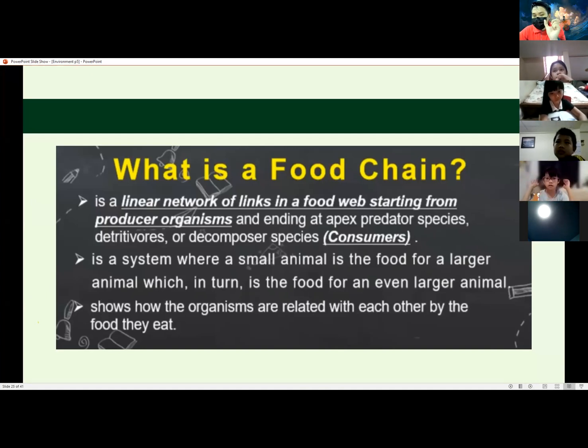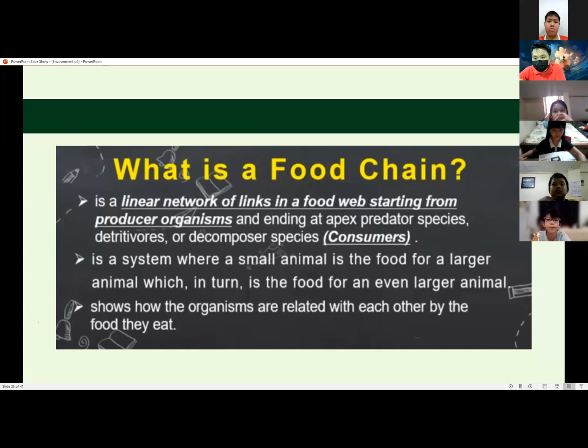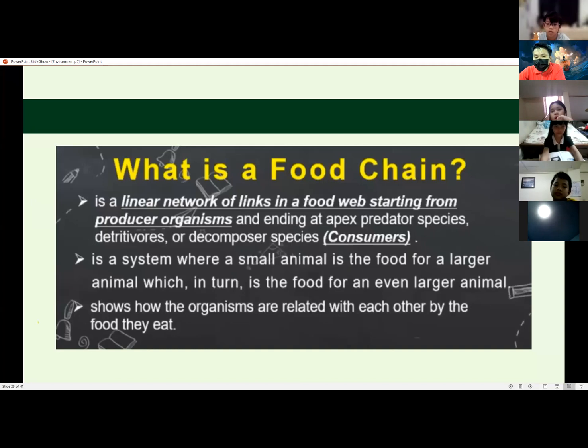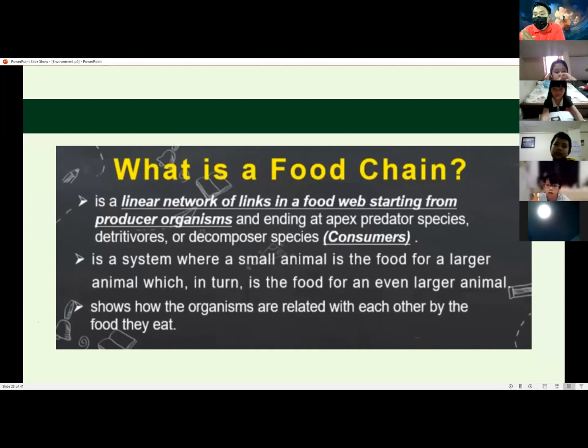So the grasshopper will be the food of a larger animal, which is the mouse, or the rat. And then the rat is eaten by another larger animal. Can be snake. And then snake can be the food of a larger animal. What is that?